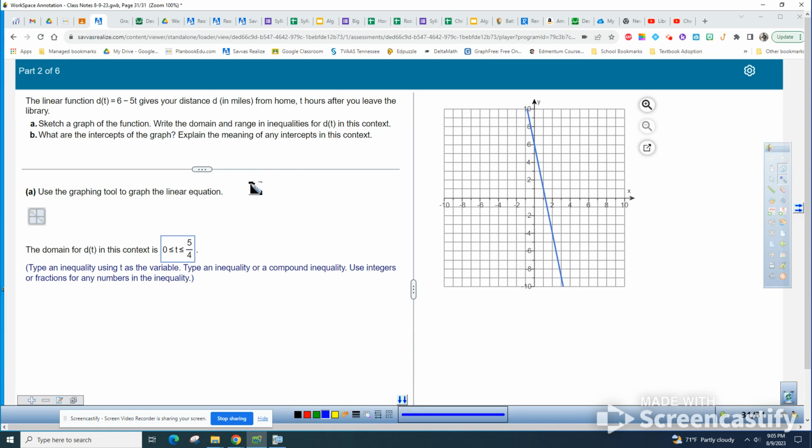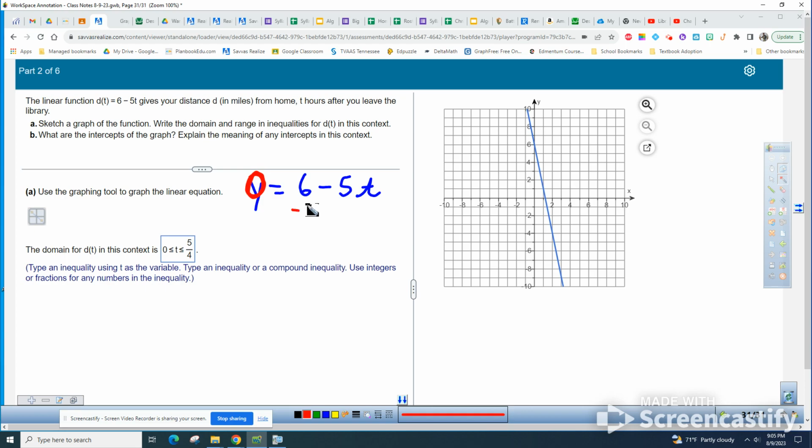So I'm going to say y equals 6 minus 5t, and we're going to put where y equals 0 right here. So let's solve this equation.